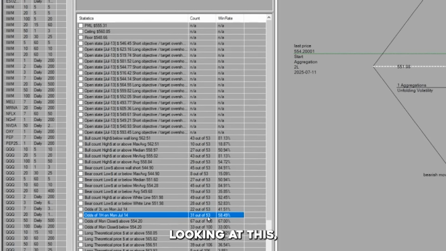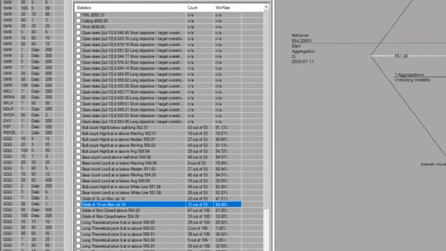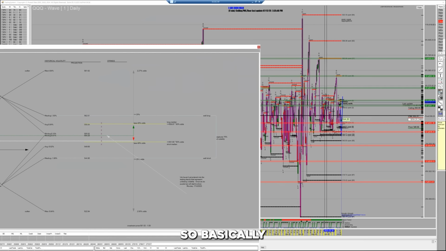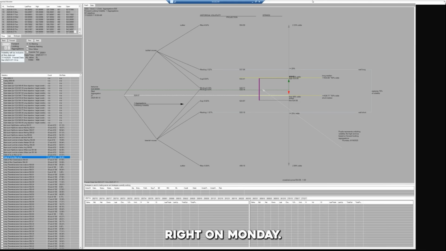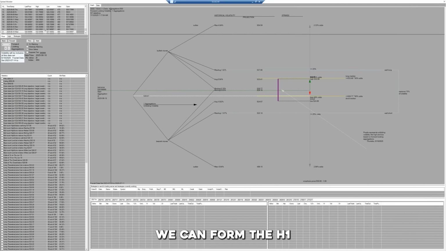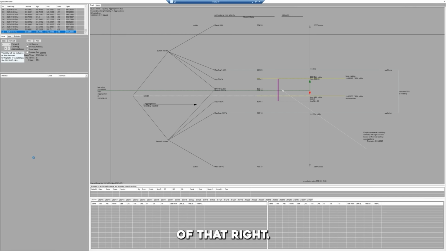Basically, looking at these odds right here, we are at L2, I guess. So basically we are sitting at L2 here. So we are getting the data on what can happen for the next day, right? On Monday, it's trying to tell you that we can form the H1. Why? Because we have the higher probability of that, right?